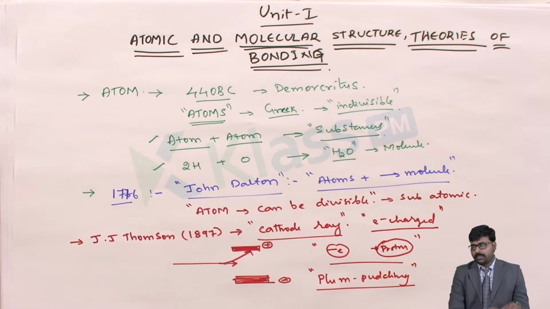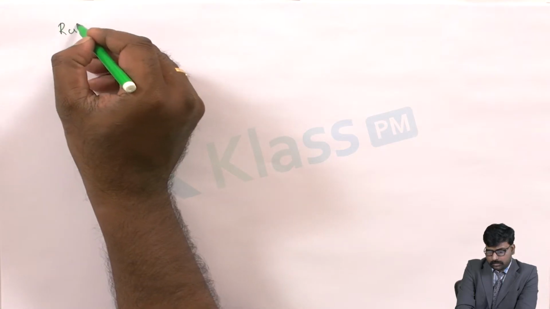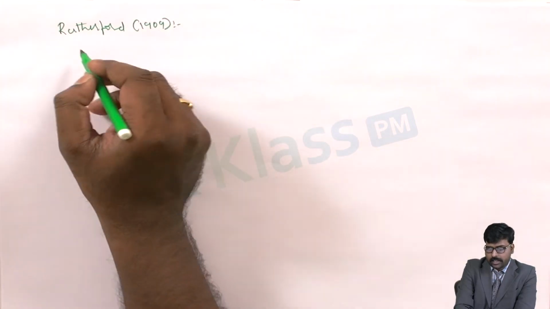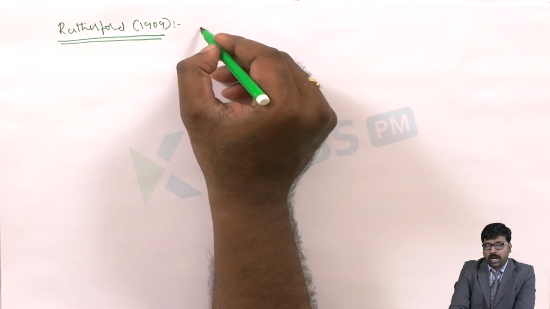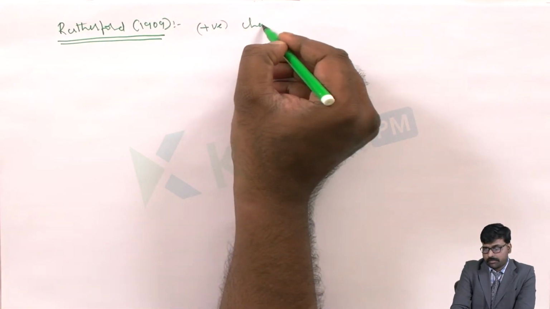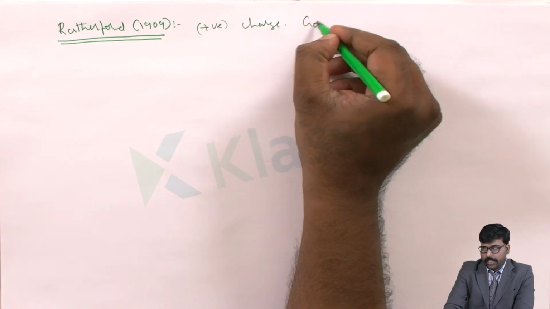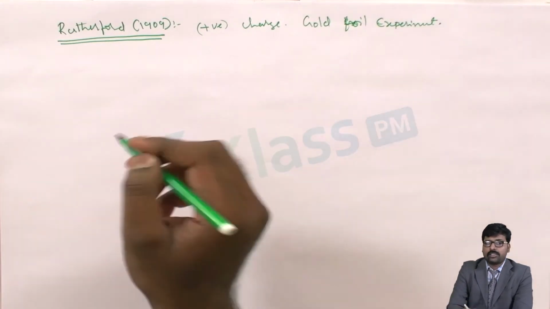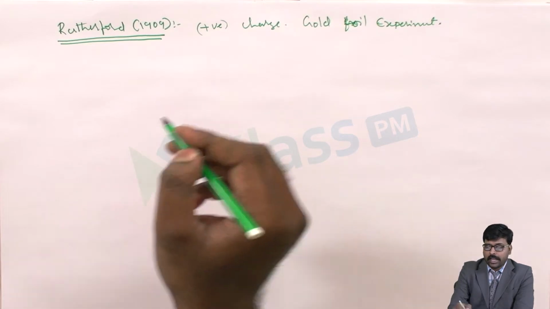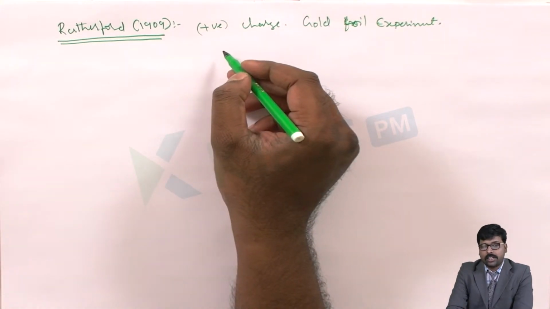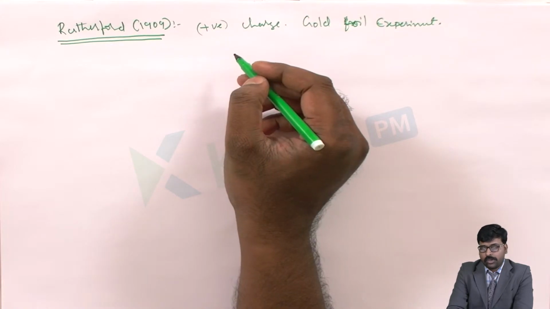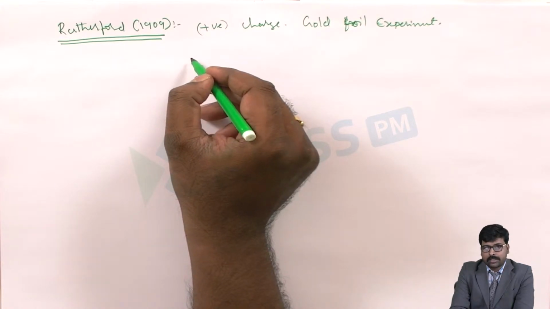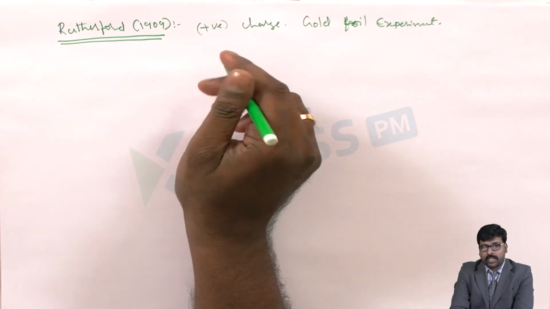And then at a later stage, Rutherford, in the year 1909, started experiments on positively charged particles. He did the gold foil experiment. In this gold foil experiment, he passed positively charged rays through a tiny, thin gold foil, and he observed that the atom is not like a plum pudding, with electrons scattered throughout the atom.